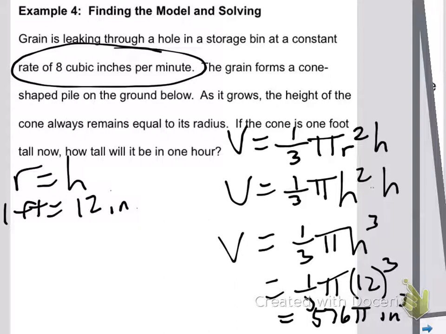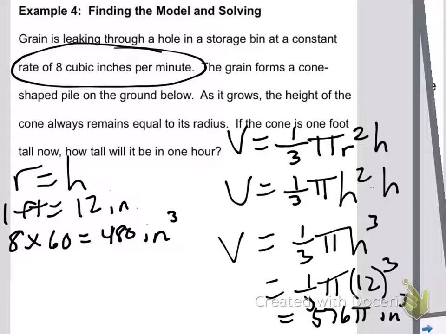Now, it says 1 hour from now, what will it be? Okay? Well, it says here that the grain is leaking at 8 cubic inches per minute. Well, there are 60 minutes in an hour. So 8 times 60, that means 480 inches cubed are coming out per hour.